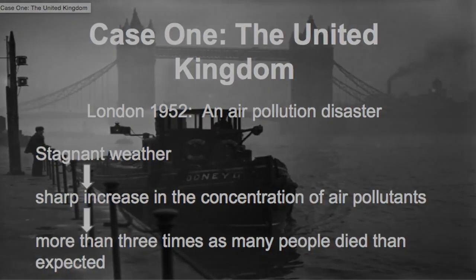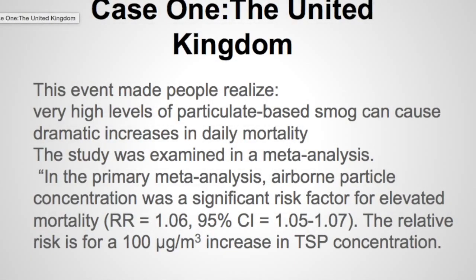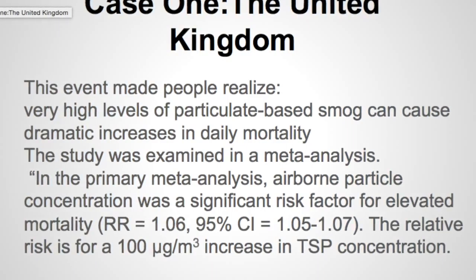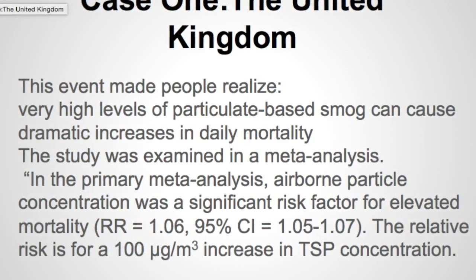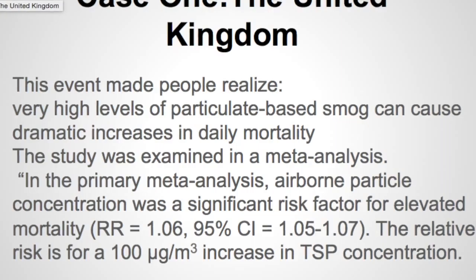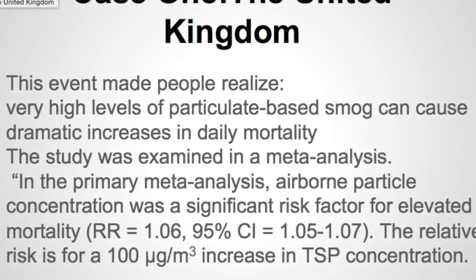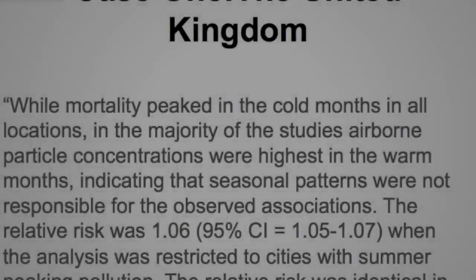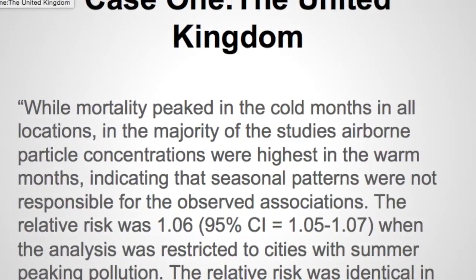This event made people realize that very high levels of particulate smog can cause a dramatic increase in daily mortality. The study was explained in the meta-analysis. In the primary meta-analysis, airborne particle concentration was a significant risk factor for elevated mortality.